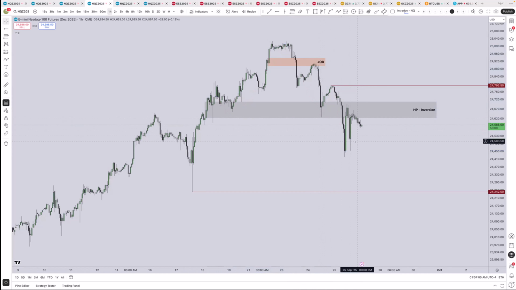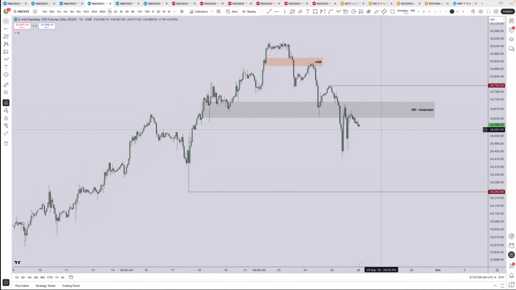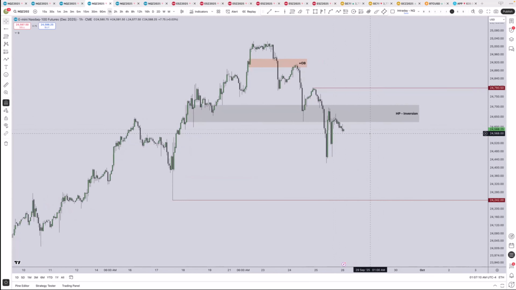So see what happened here today. After the price faded back into this inversion, guess what, it pushed back. So now, let's say tomorrow morning in the New York session, how are we going to use all this information?